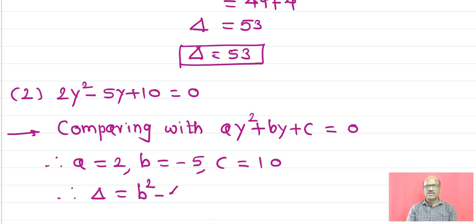Therefore b square minus 4ac: the value of b is minus 5 square minus 4 into the value of a, which is 2, c is 10.